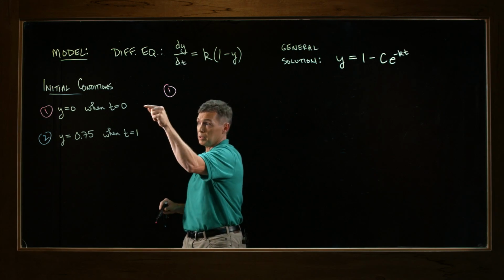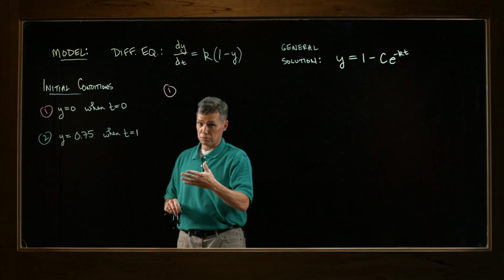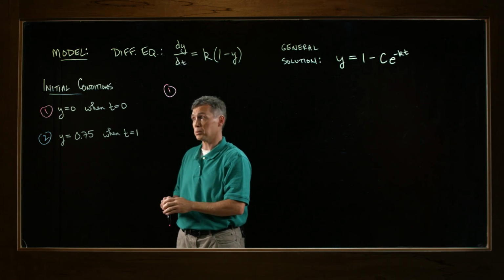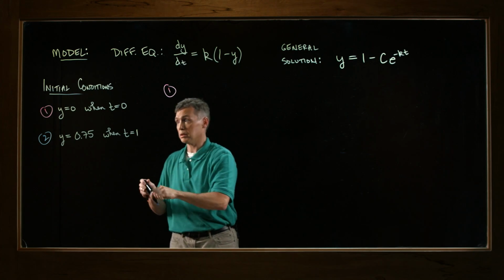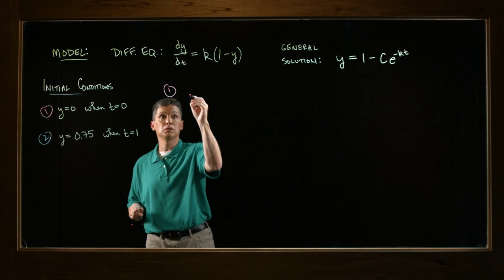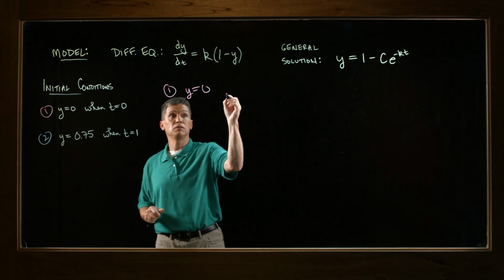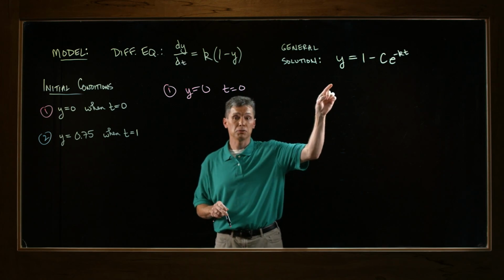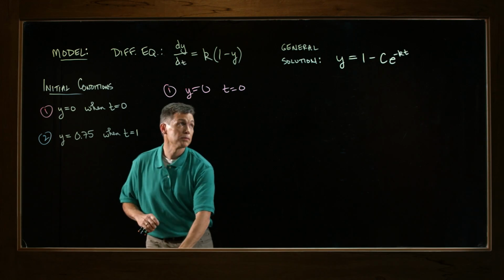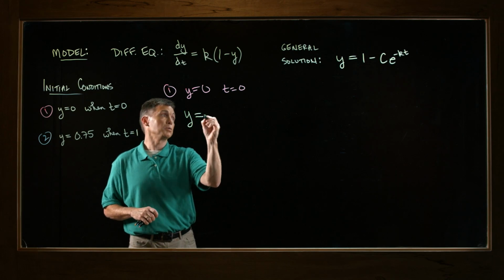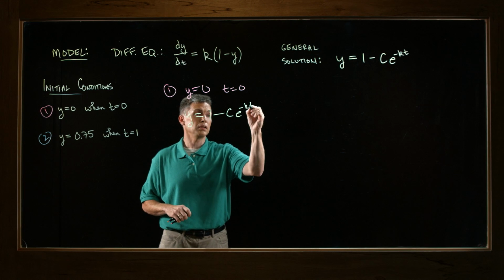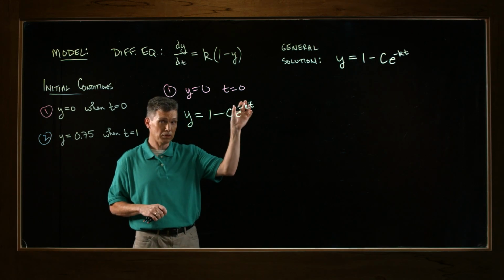And I would definitely go for this first one first, because 0 is very much your friend when we're doing some calculations in these problems. So I'm going to plug in my y equals 0 and my t equals 0, plug into the general solution. So for my general solution, I have y equals 1 minus c e to the negative kt. That's what was given to us.